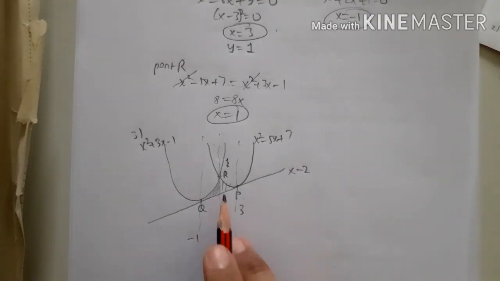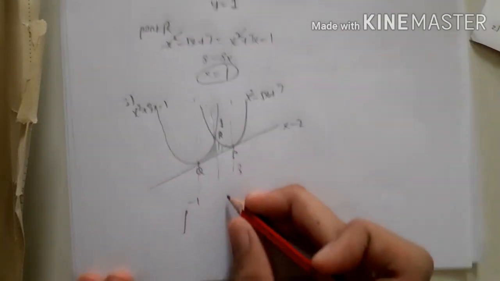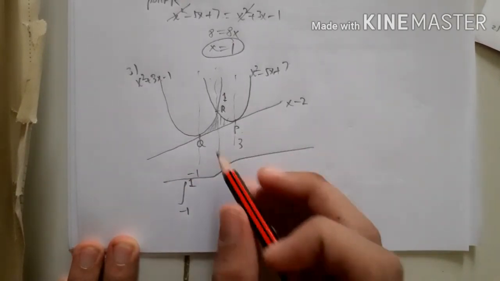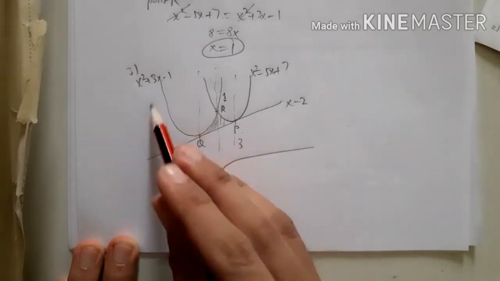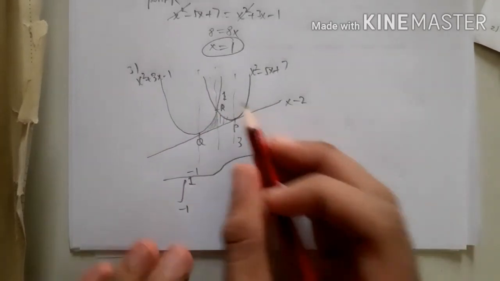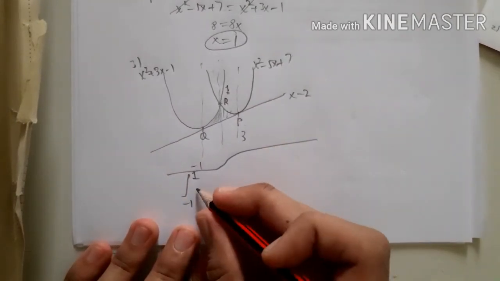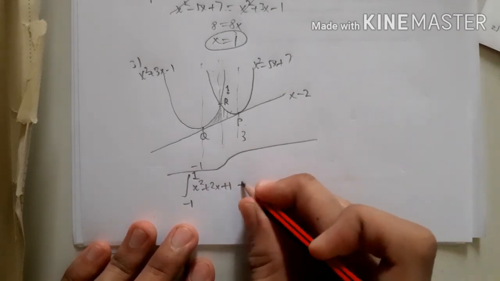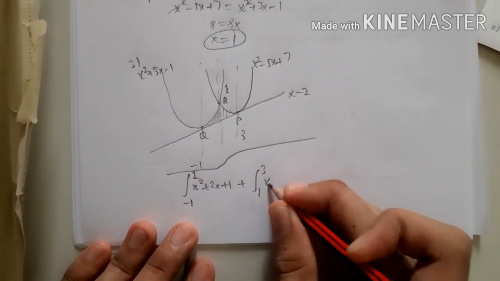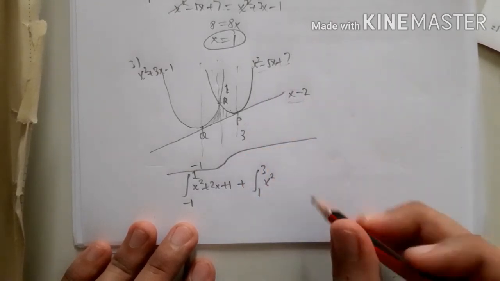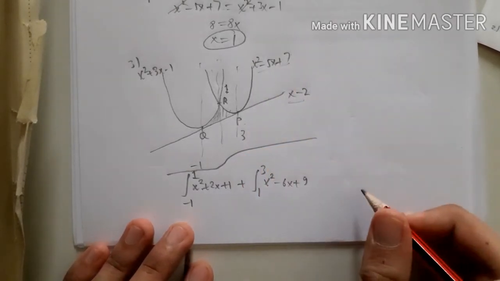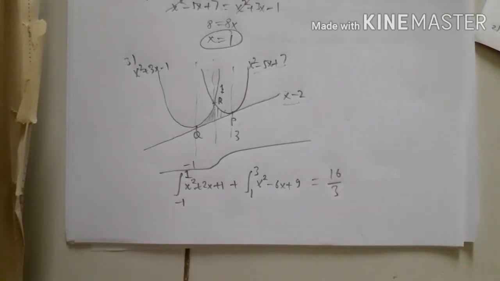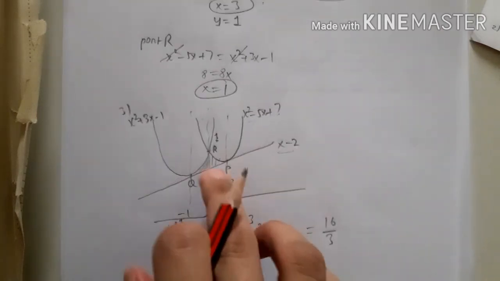So we have two integrals: the integral from minus 1 to 1 of x squared plus 3x minus 1 minus (x minus 2), which is x squared plus 2x plus 1, plus the integral from 1 to 3 of x squared minus 6x plus 9. You can just calculate it properly. The answer is 16 over 3. So this is the area of the surrounding region.